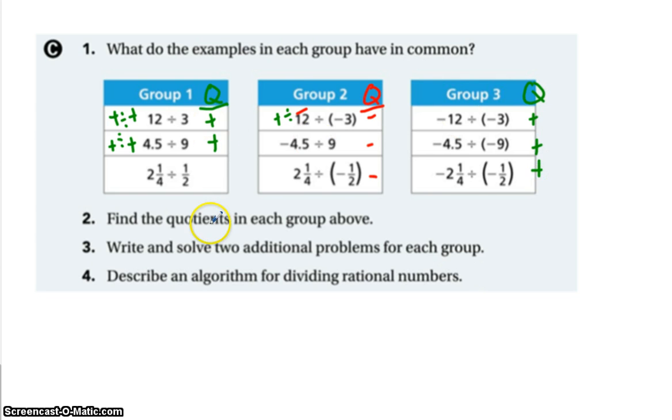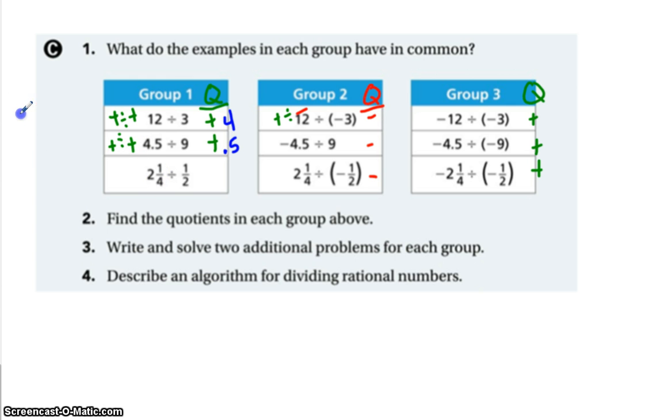Okay, so let's take a look at group number 1 real quick. For C2, it says to find the quotients in the group. So 12 divided by 3 is 4. 4.5 divided by 9 would equal 0.5, or a half, 5/10. And then we have 2 1/4 divided by 1/2. Well, I'm going to have to write that one out.